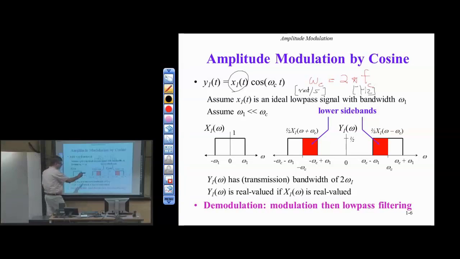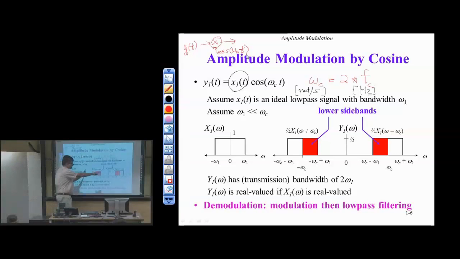All right. So if I start with the bandpass waveform, y1 of t, and I multiply by a cosine of the same frequency, omega c, what will happen?